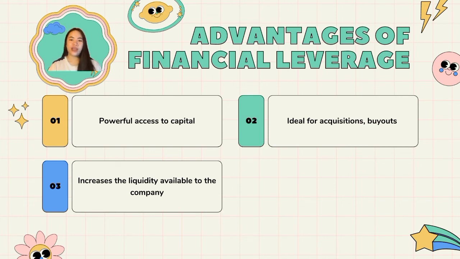This is very significant advantage of financial leverage because when a company takes out a loan or a debt, it receives cash from the lender, and that cash can be used for a variety of activity.